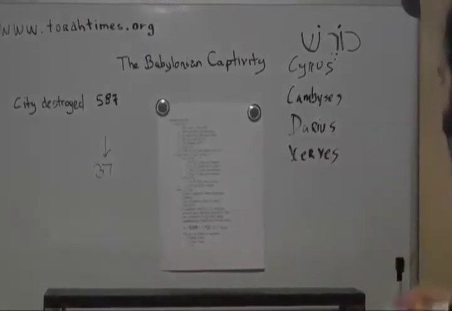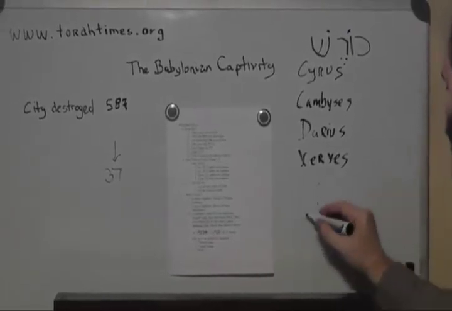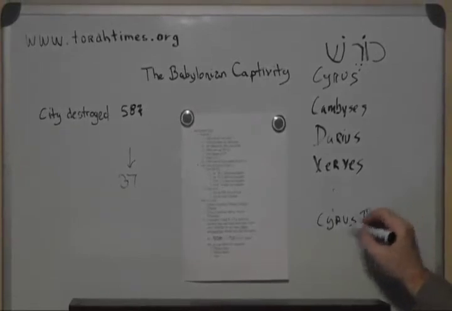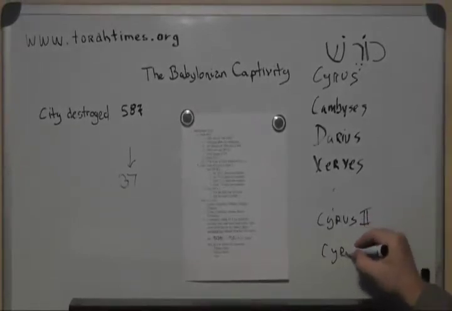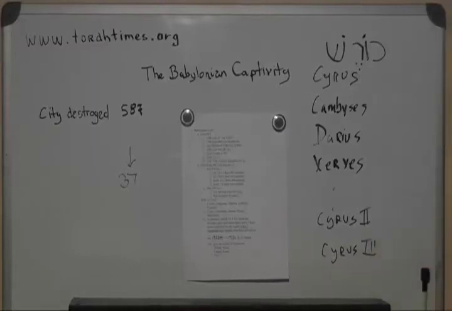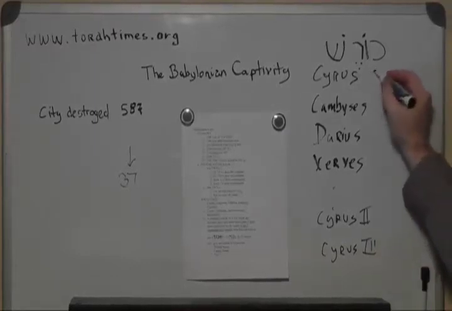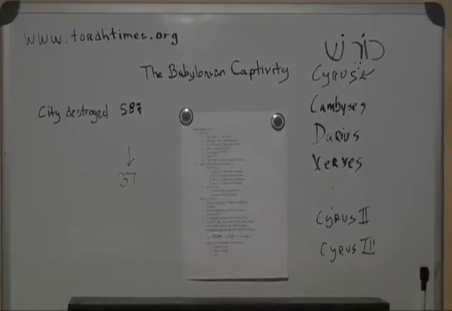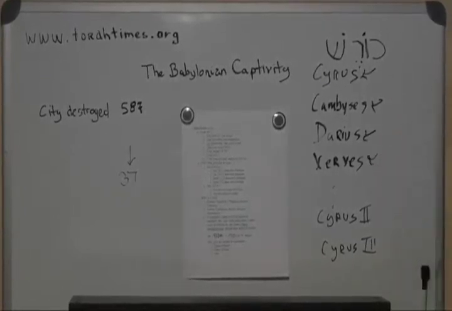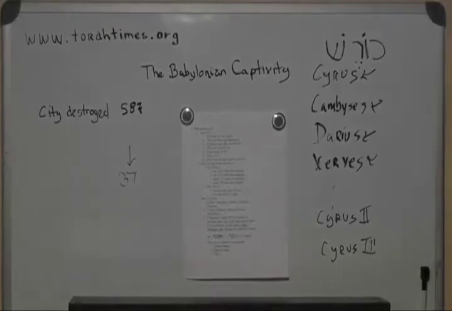And then later on we have Cyrus II. Again, we have a third Cyrus. Now, just because the first king is typically called Cyrus and the others go by other titles, usually all of these names are actually titles.